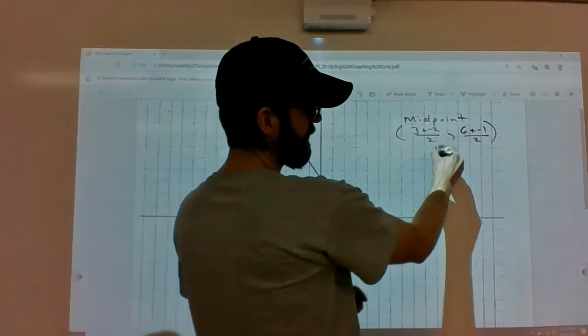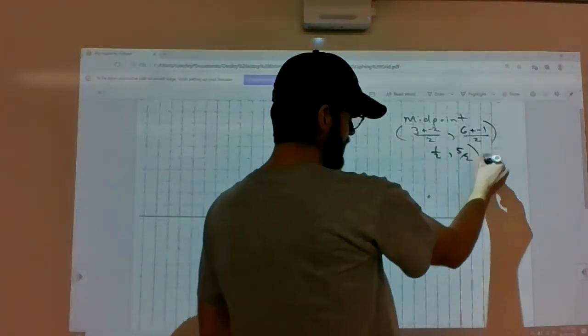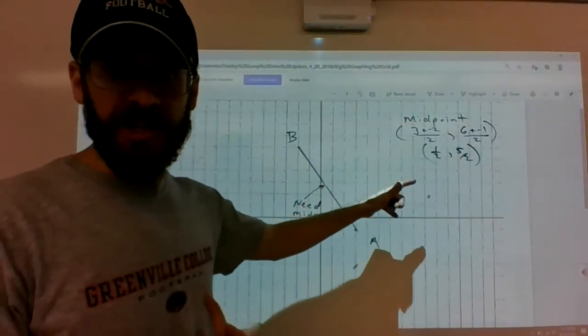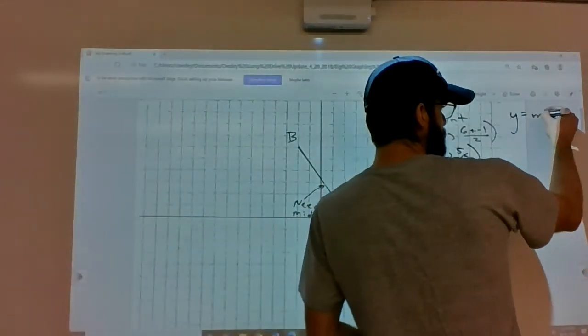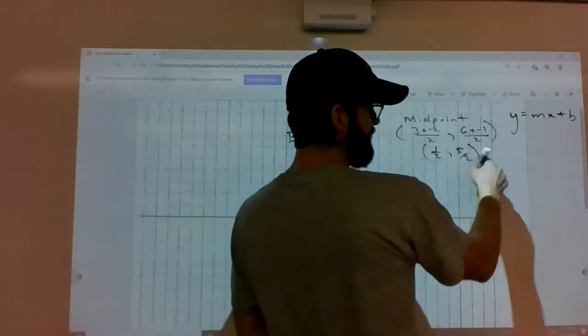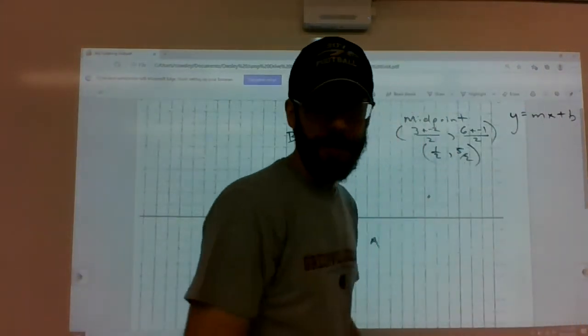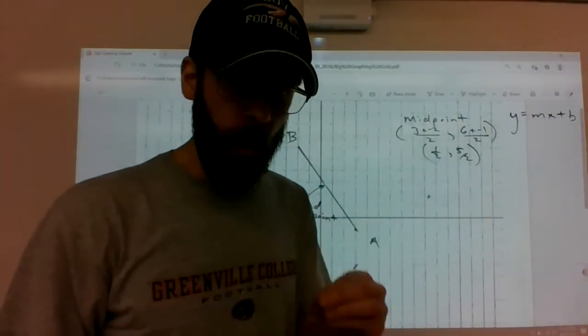So it's 5 halves. Got it. The equation we're trying to write must go through these 2 points. So when we do y equals mx plus b, we're going to be plugging in 5 halves for y, 1 half for the x. Now what's the slope of this line?